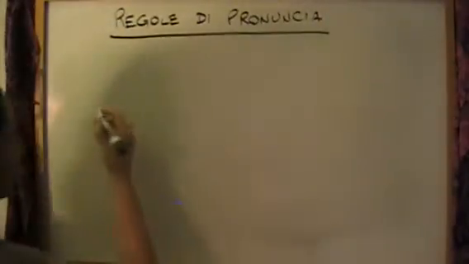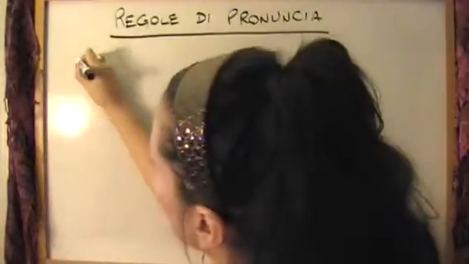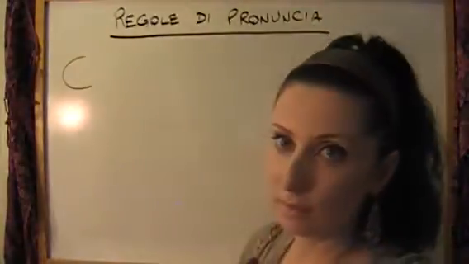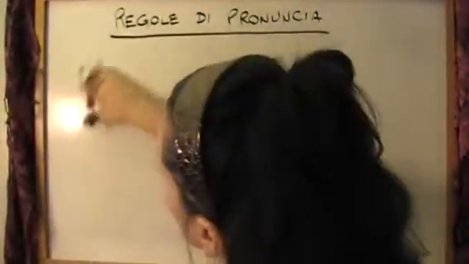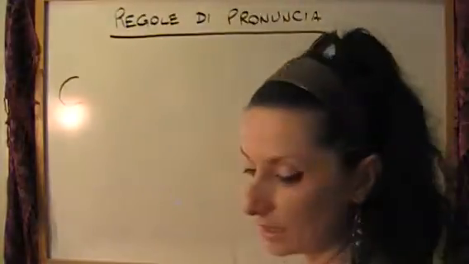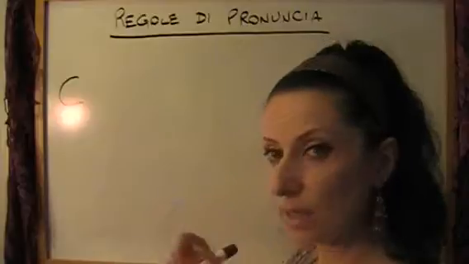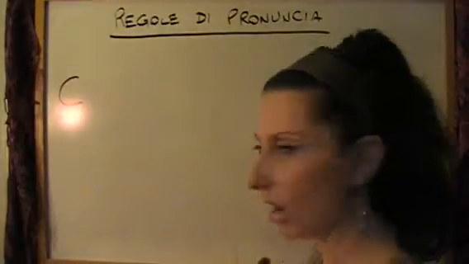So, about the rules of pronunciation, you have to remember that in front of this letter you can have a vowel, right? It's important, first of all, to divide the 5 vowels into 2 groups, and we'll see why.